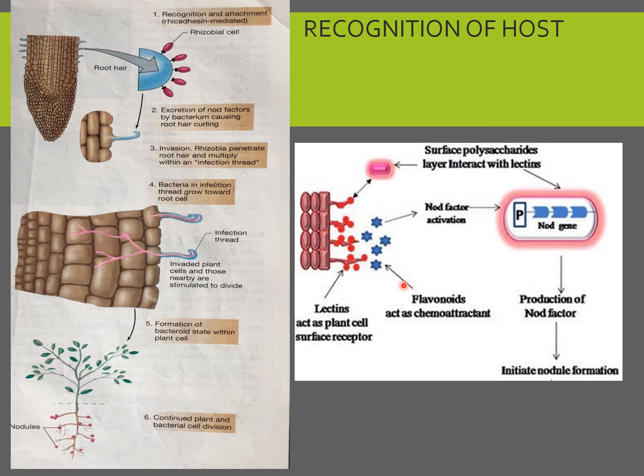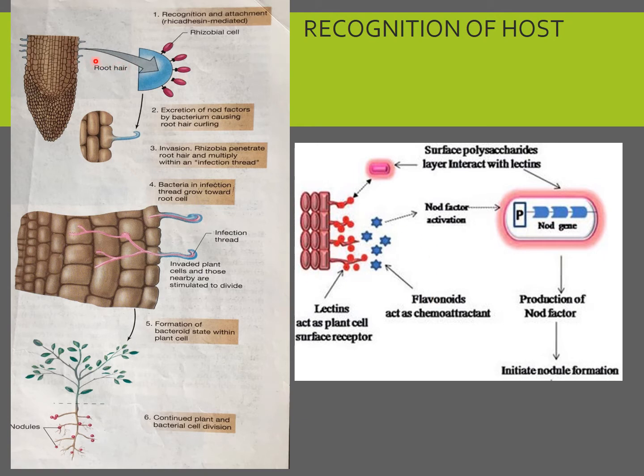So these flavonoids released as chemoattractants not only make the rhizobia move towards the root, but also activate the nod genes of the particular rhizobium species.